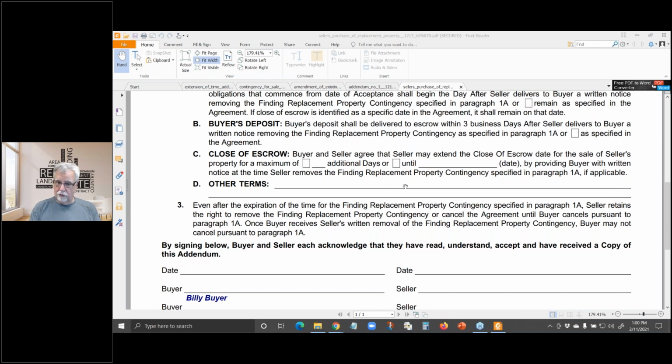The residential purchase agreement already says that the property is being sold as is in its present condition, subject to buyer's inspection rights. You don't want to write things that are already in the contract, right? And restate the terms.